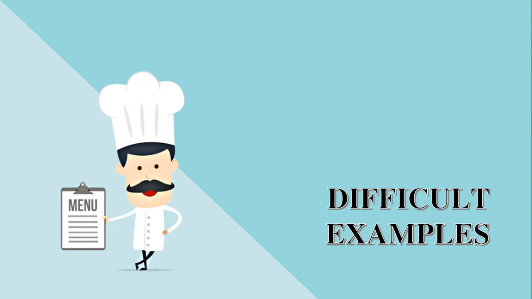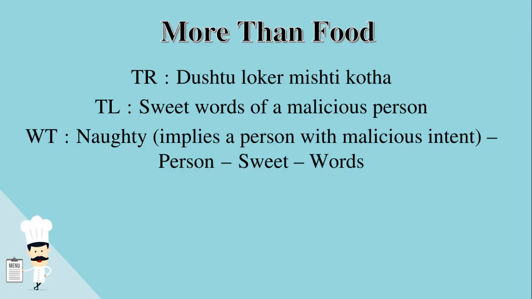Let's have a look at one example which is not related to food but has the taste words. For example, dushtu loker mishti kotha. This is a phrase which is pretty common in Bangla. So dushtu loker mishti kotha means a person who has ill intentions and wants to trap you will use sugar coated sweet words to make you do things which you might not want to do.